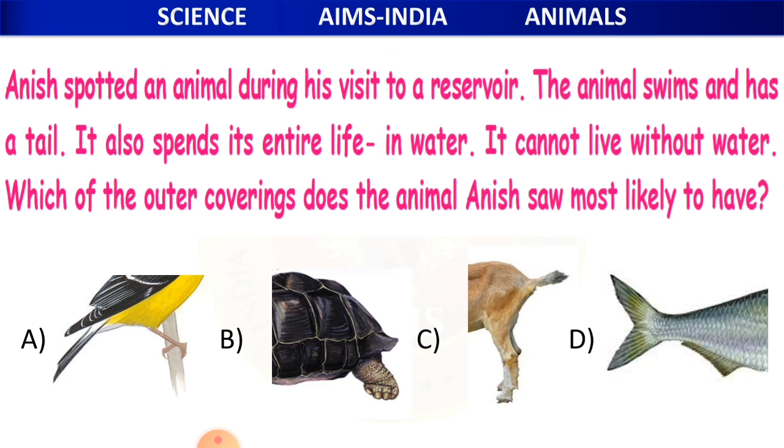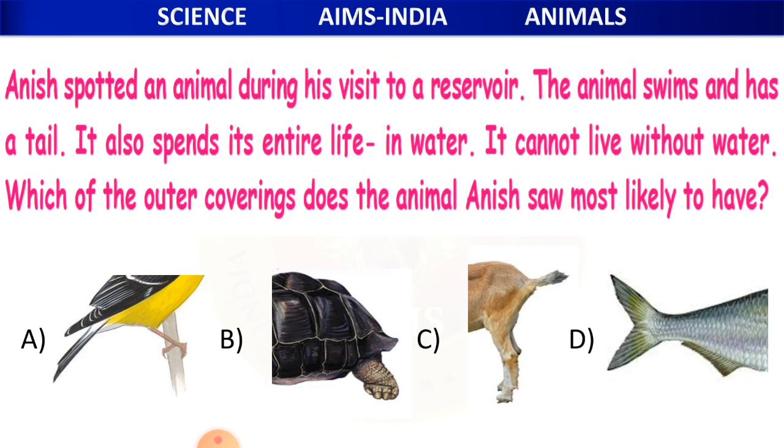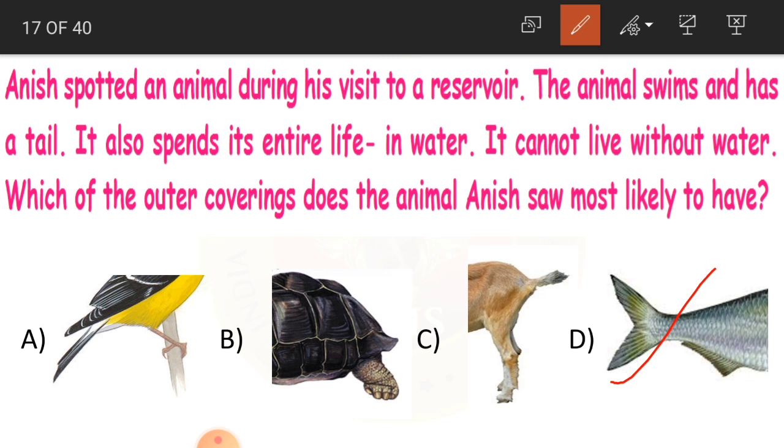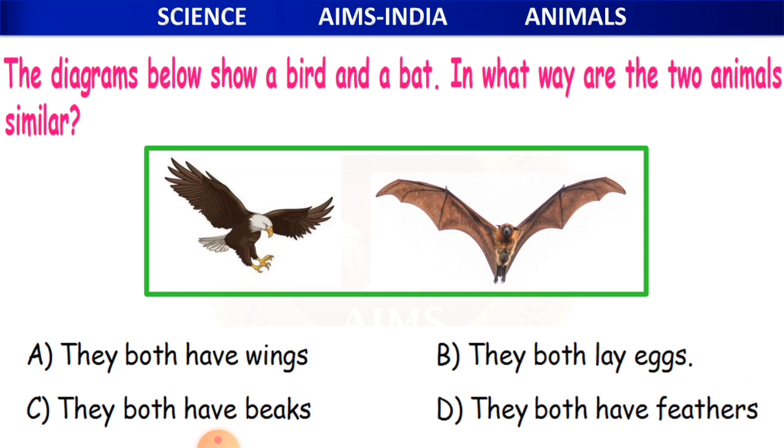What is that, children? It is the fish. The scales are the outer covering of the body. So D is our correct answer. Clear? Because a fish has a tail, lives only in water and its outer covering is scales. Okay, children? Now we'll go with the next question.